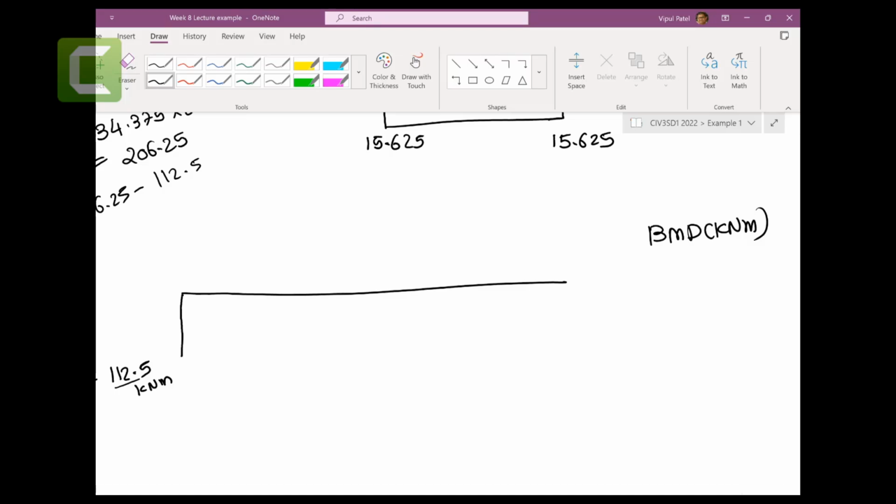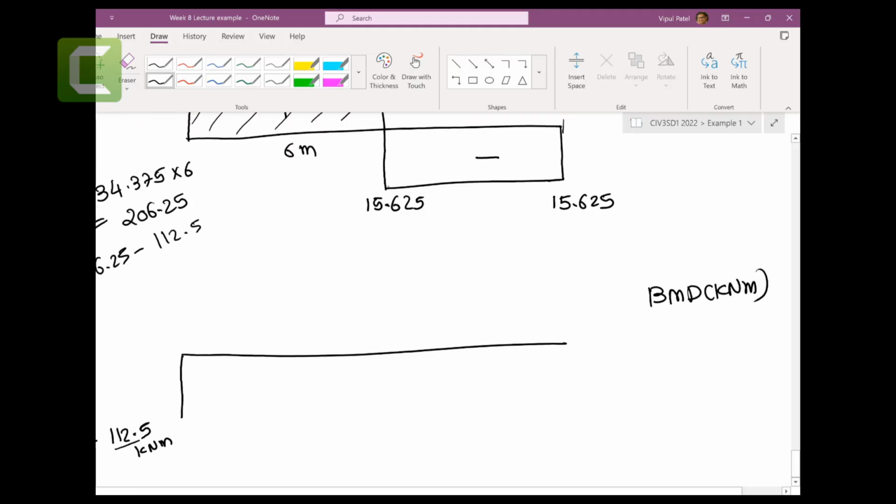So you got 93.75. So up to this point, you got 93.75 positive kilonewton meters. And this is the roller support, so that would be 0.